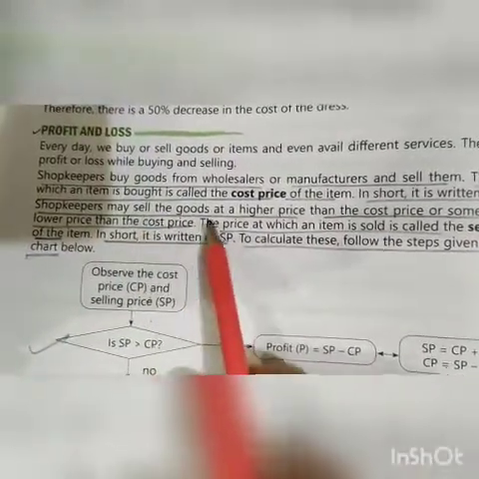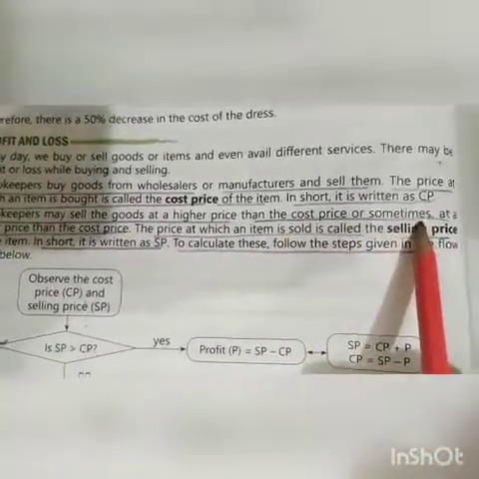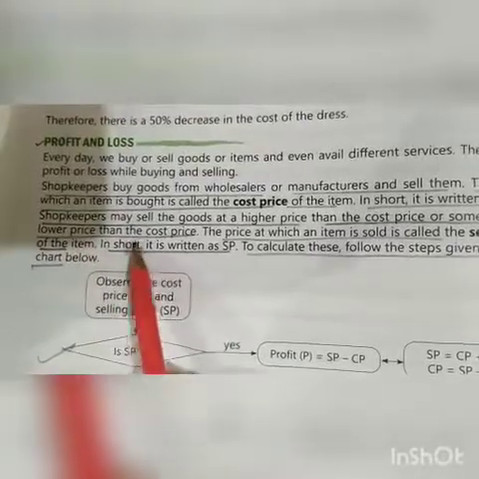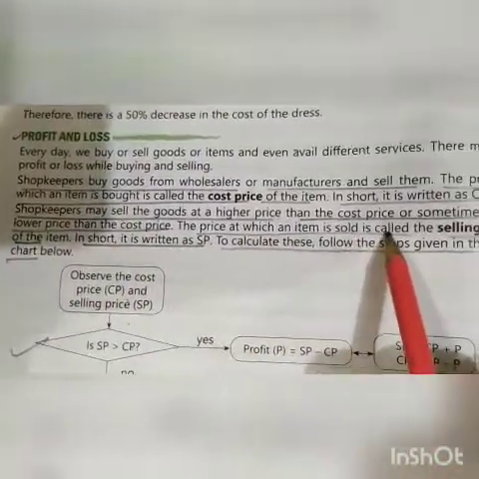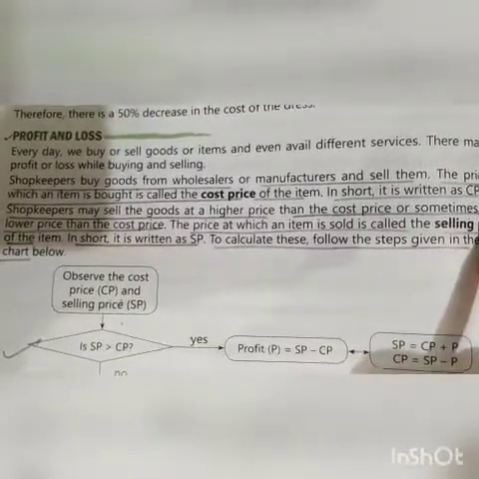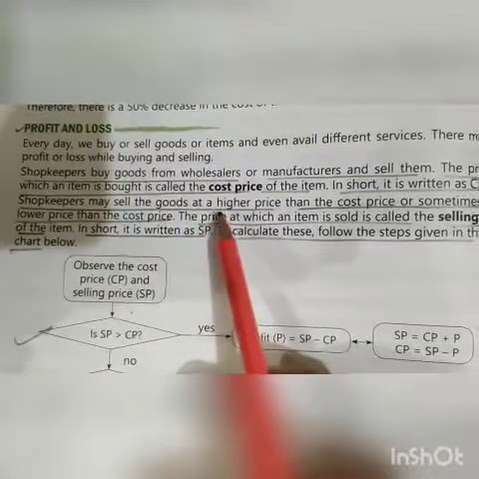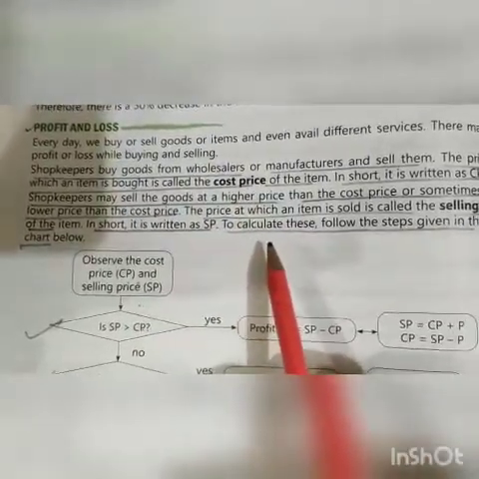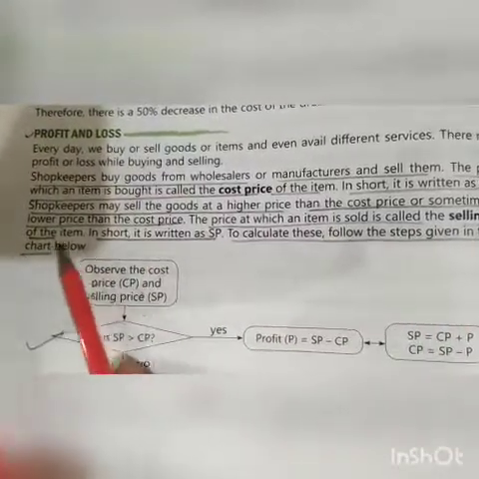Shopkeepers may sell the goods at a higher price than the cost price or sometimes at a lower price than the cost price. The price at which an item is sold is called the selling price. So, the price at which any item is bought is called cost price, and the price at which an item is sold is known as selling price of the item.